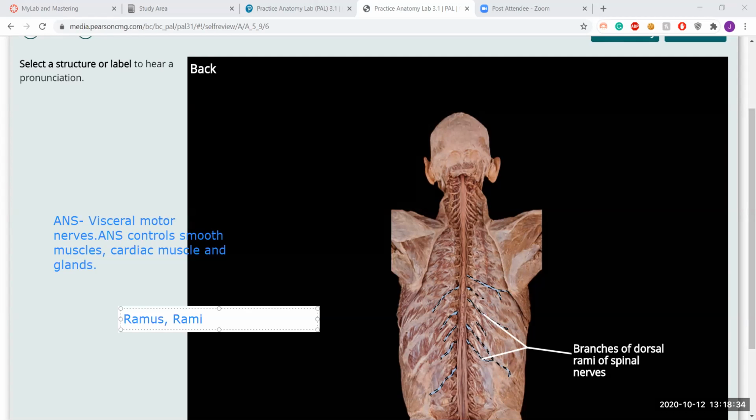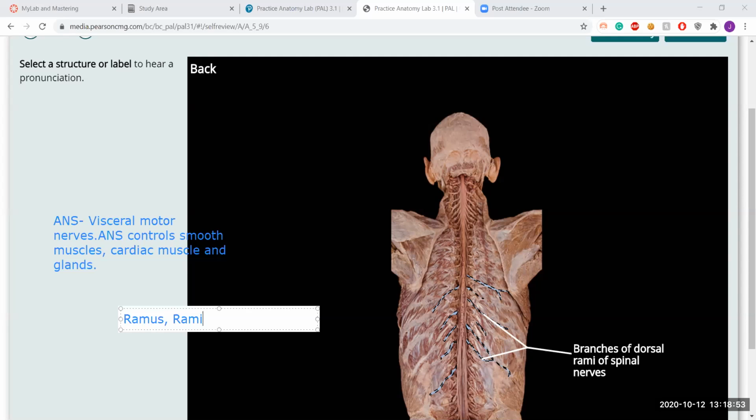So what happens, as we'll see in another slide, when a spinal nerve comes, the spinal nerve divides into two. The anterior branch is called anterior ramus and the posterior branch is called posterior ramus.